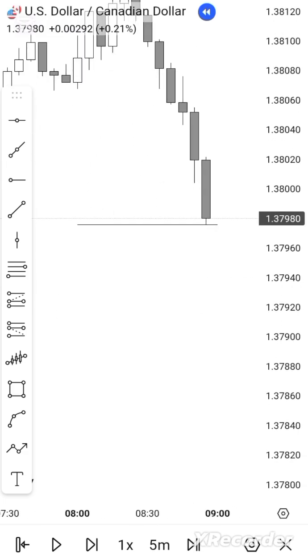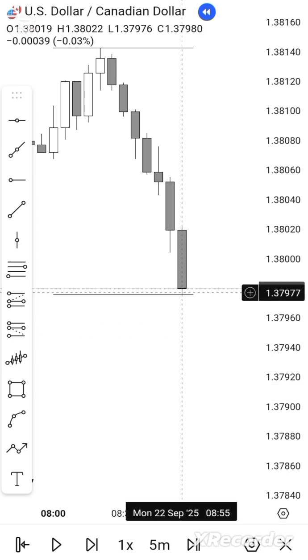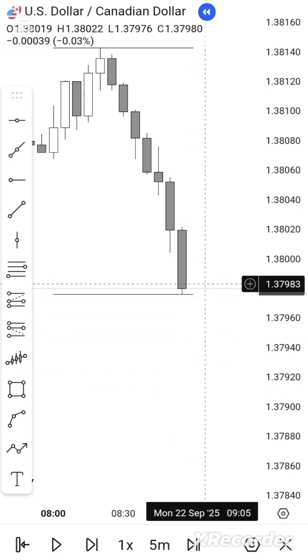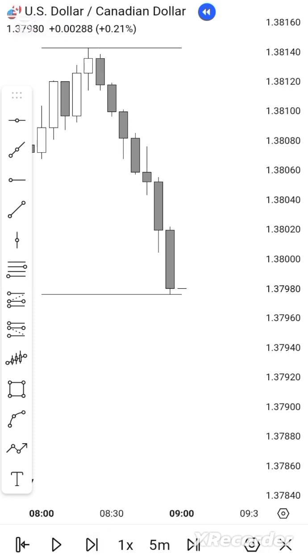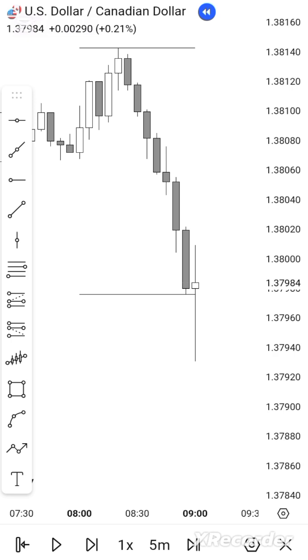If you have a breakout on the downside, we must have a close back inside the range. That is, we look for a breakout and a close back inside the range like this. Immediately price sweeps the low, we need a close back inside the range.